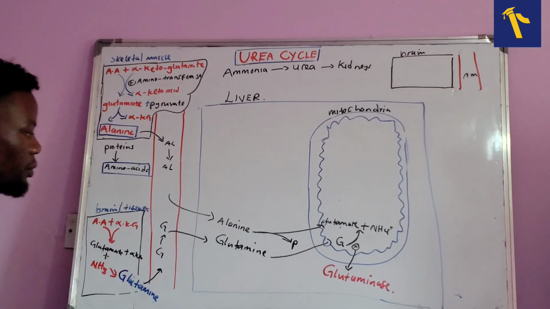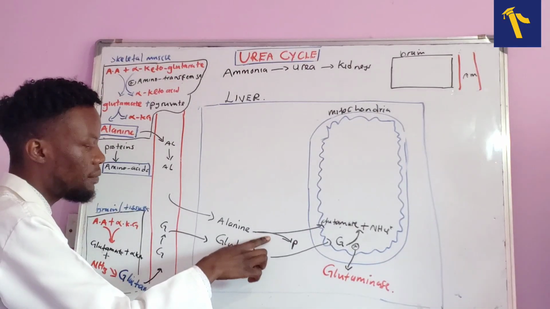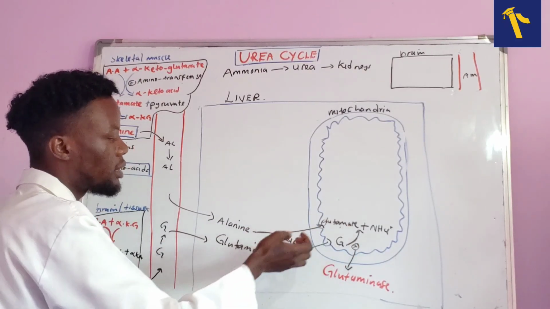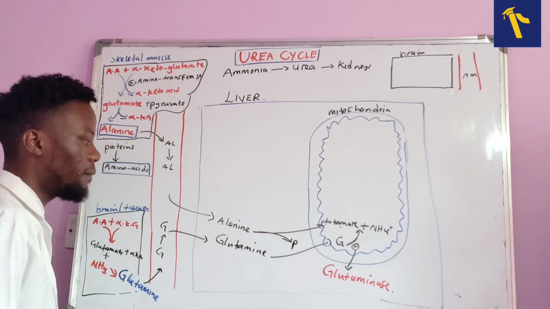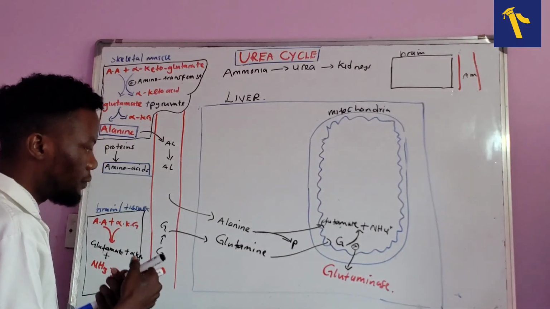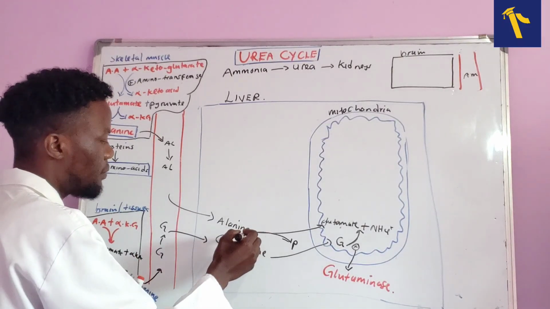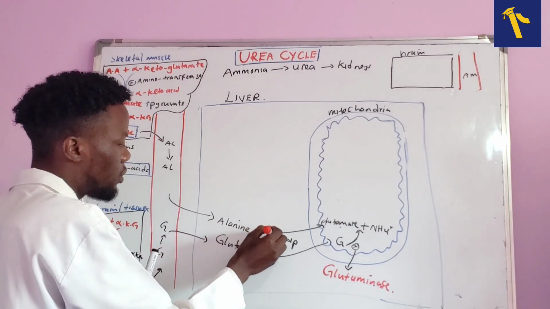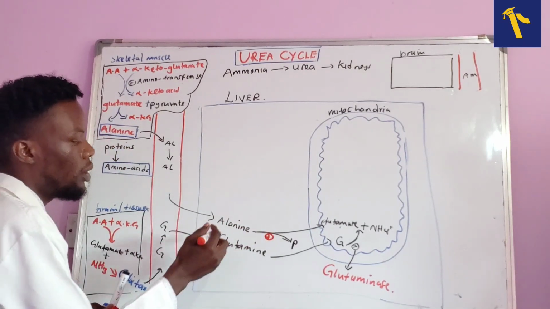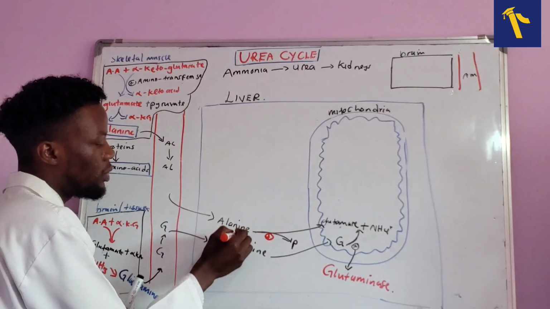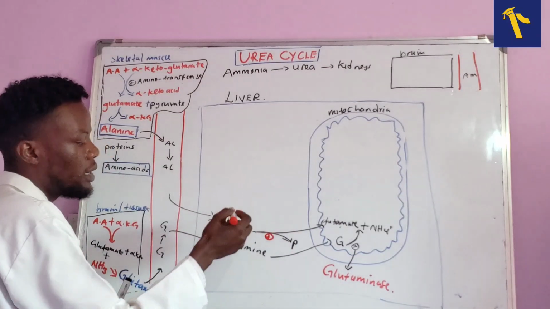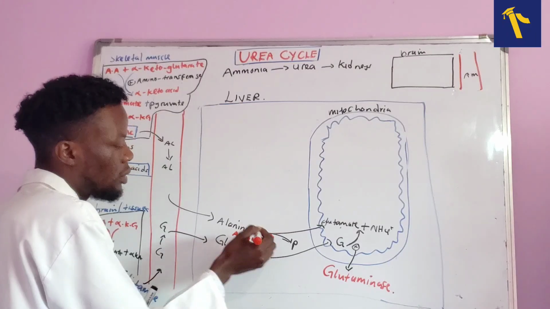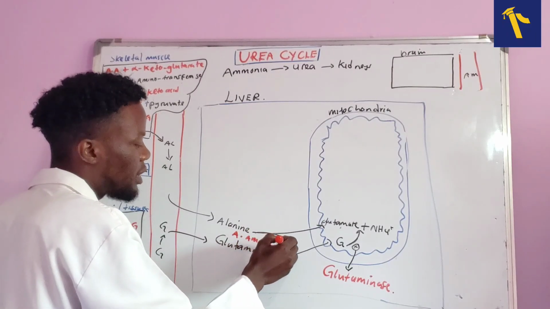And before we progress, we need to know the enzyme that's going to convert alanine into glutamate as well as pyruvate. What is that enzyme? We're going to use red. The one that's going to split alanine, we call it alanine amino transaminase.